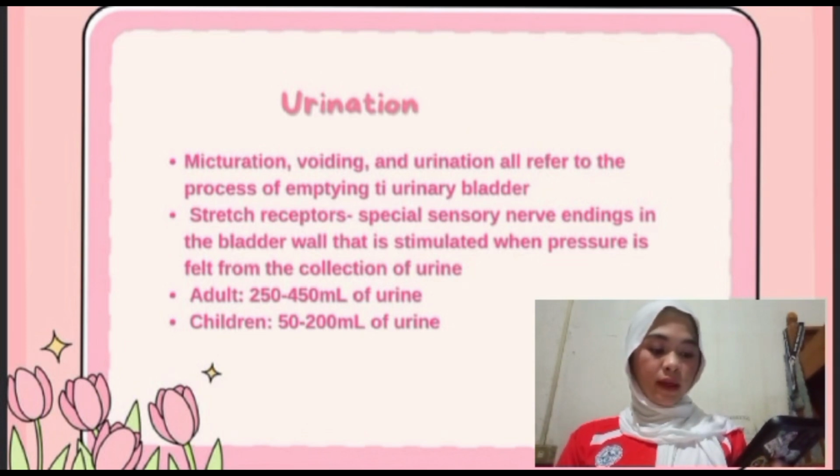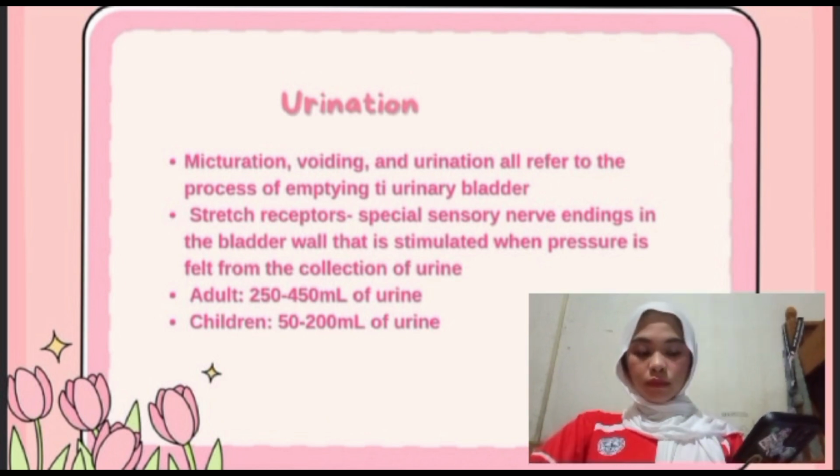So siya yung nagbibigay ng signal sa brain, indicating that it's time to urinate. Adults and children have a different amount of urine. Sa adult is 250 to 450 milliliters and sa children naman is 50 to 200 ml.